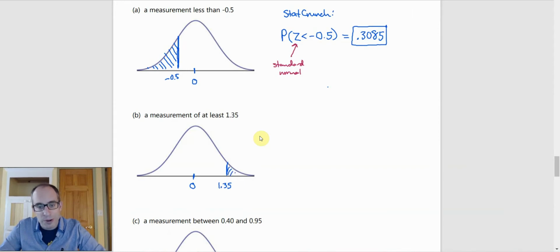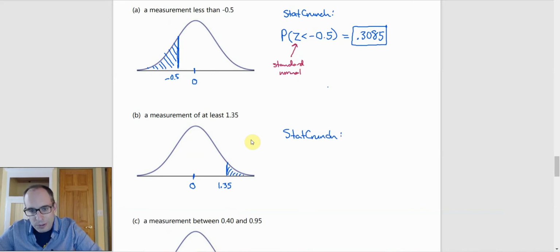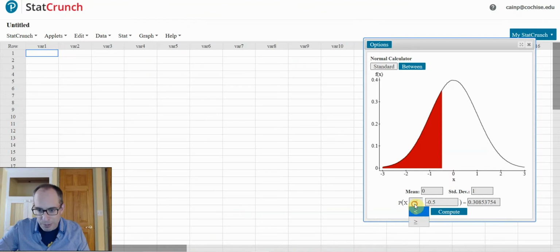So we're looking for this tail now. So when I go to StatCrunch, the adjustment I have to make is to switch the inequality around. So we're looking for the probability that z is at least 1.35. All right, and if we go to StatCrunch and do it, I have to flip the inequality so it's a greater than or equal to.